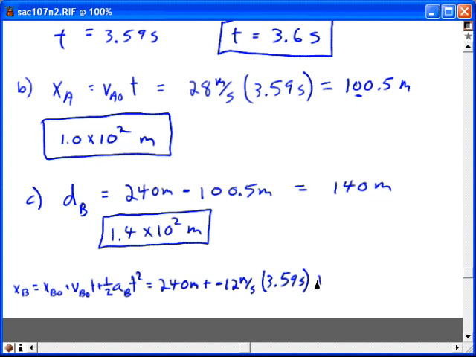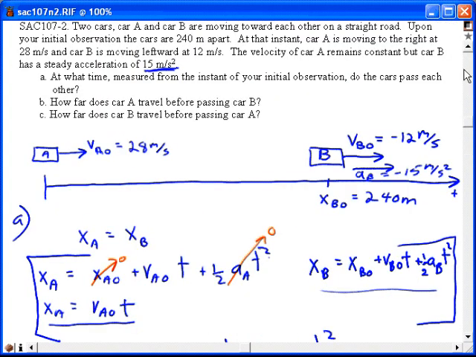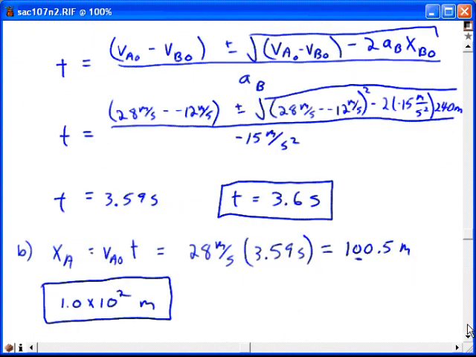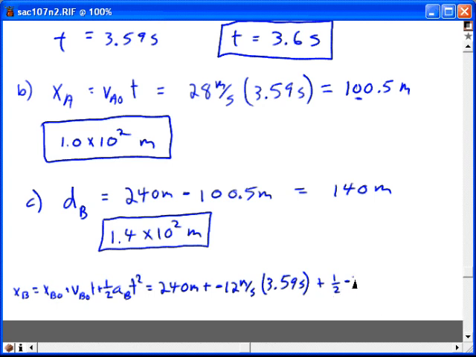and then plus 1/2 of minus, I think it was a 15 meters per second squared. I'll check on that. Minus 15, and that was minus 12, which is what I used. 15 meters per second squared times the 3.59 seconds squared. That was a 12 over there. So it'll be a quick check to see if we got that one right. See if that time makes sense.